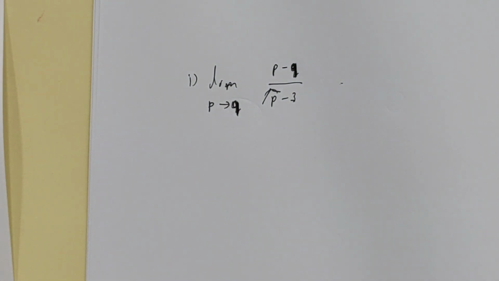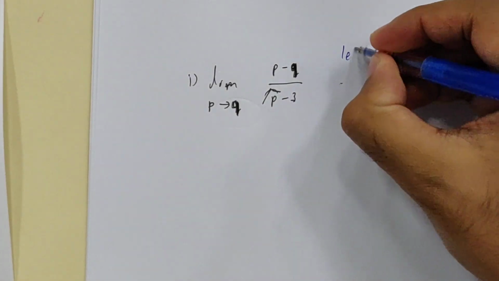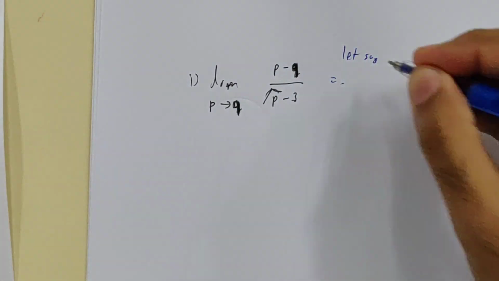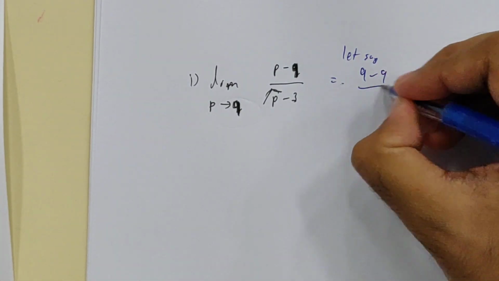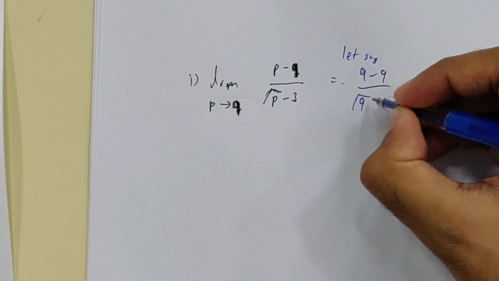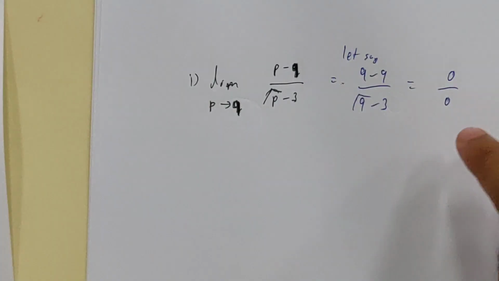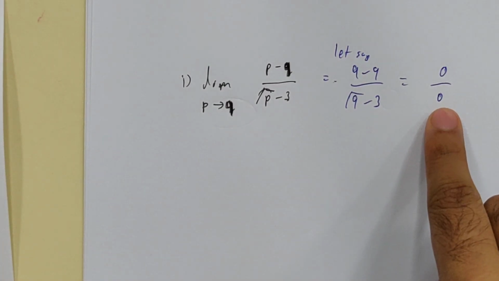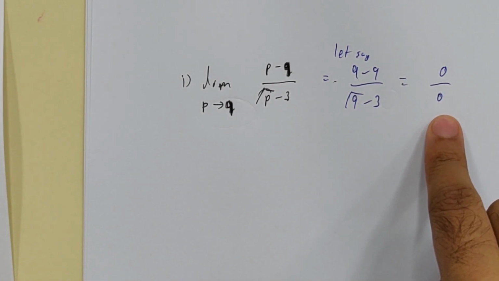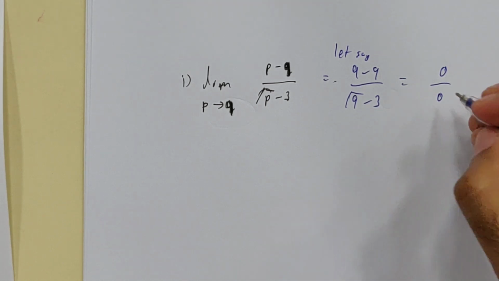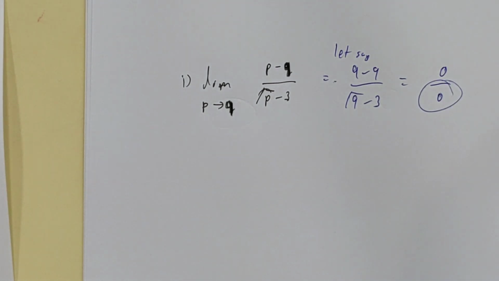If P approaching 9 and we substitute inside, what will happen? We get 9 minus 9 over square root of 9 minus 3, which is 0 over 0. What is this? Math error. Why? You divide by 0.